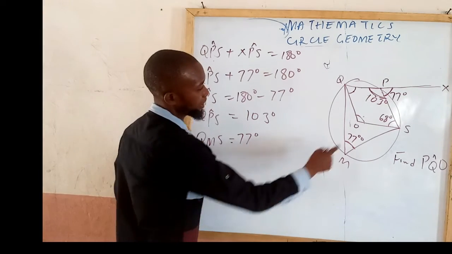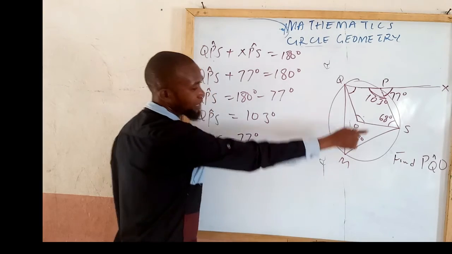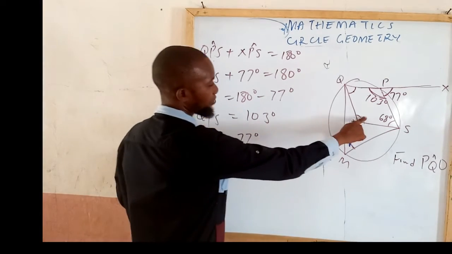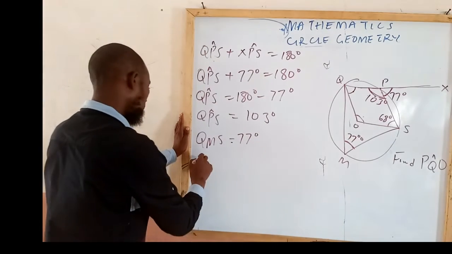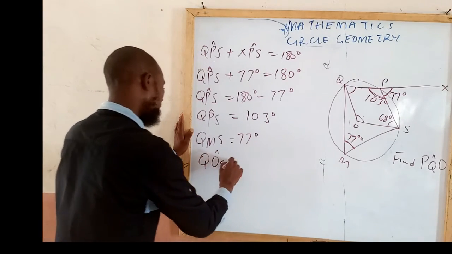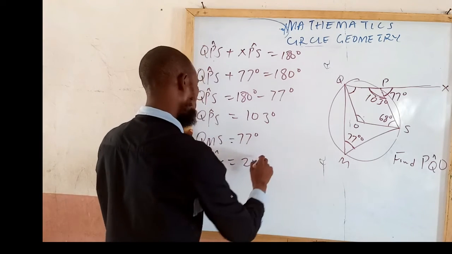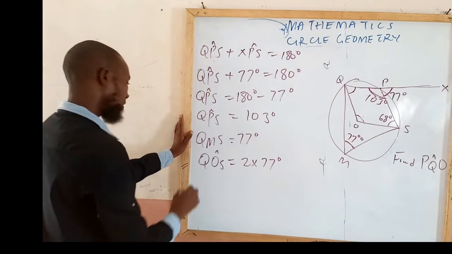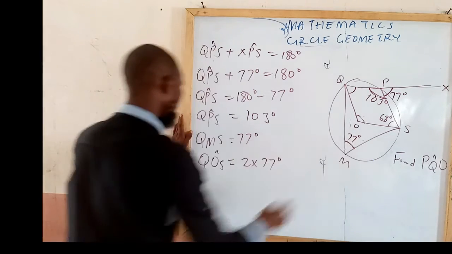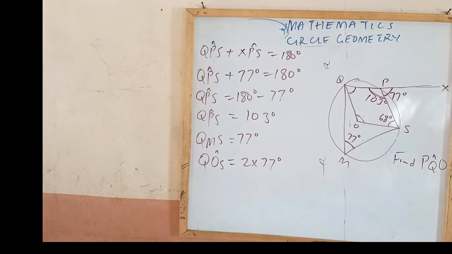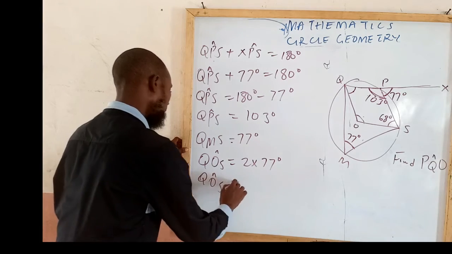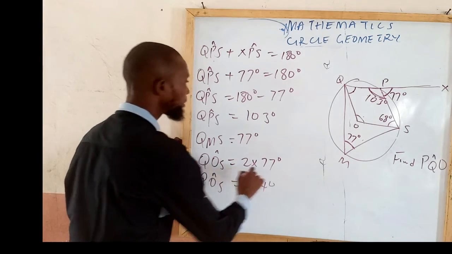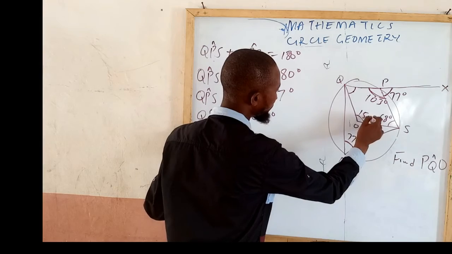In that case, we say the angle at the center is twice the angle at the circumference. So we can say the angle at the center, QOS, is 2 times whatever angle we have at the circumference. So in this case, QOS is equal to 154 degrees. So this place is 154 degrees.